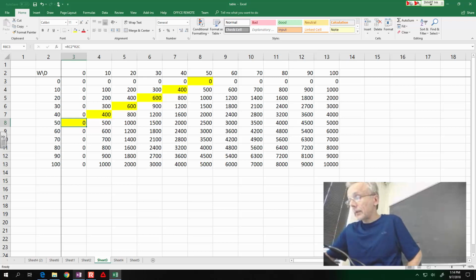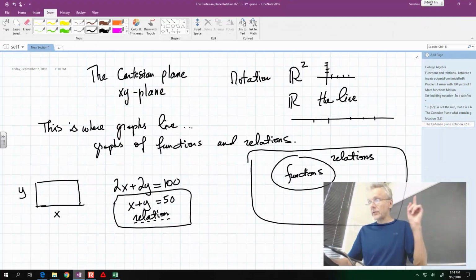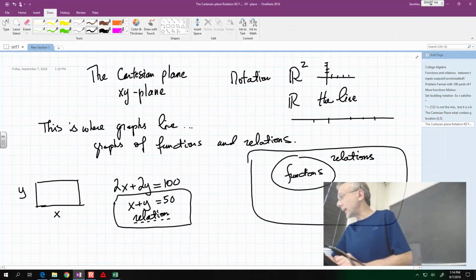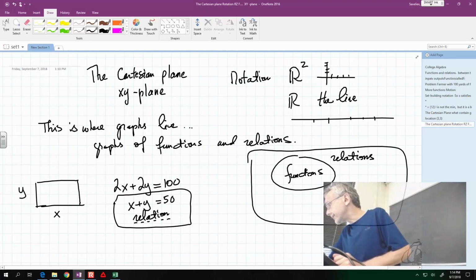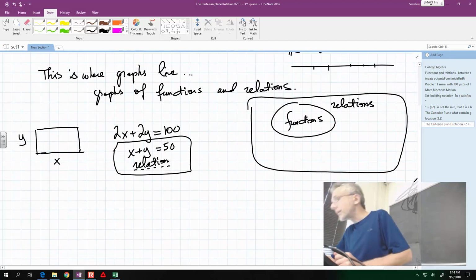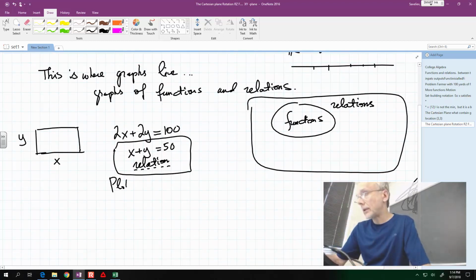But now we have plotted it. Let me plot it the way we just did a minute ago, based on our Cartesian plane. So let's plot it the way we have. Okay, so plot its graph on the XY plane.